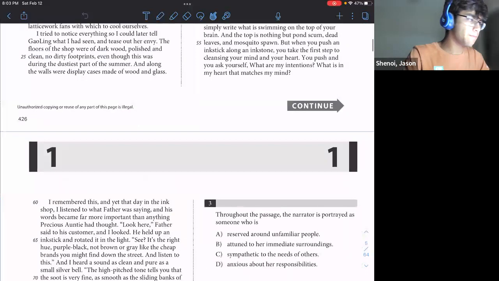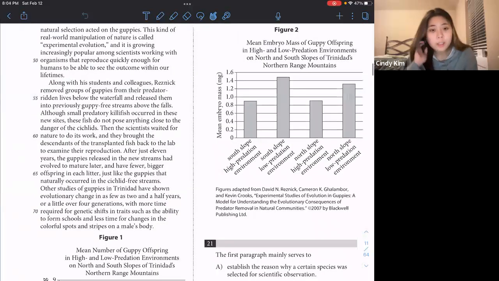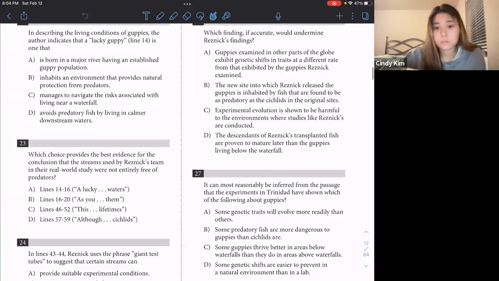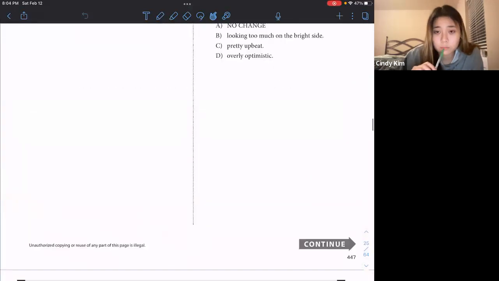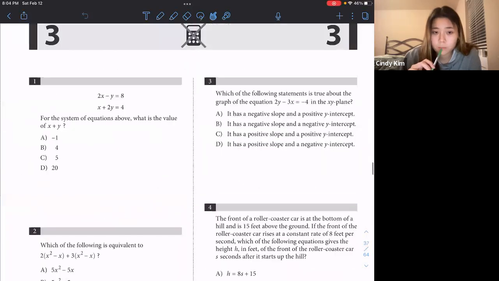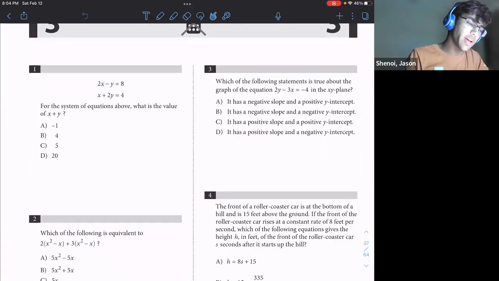Which question? Section 3, question number 1. Okay. For the system of equations, what's the value of x plus y? So for this equation, you need to find what x is and what y is.